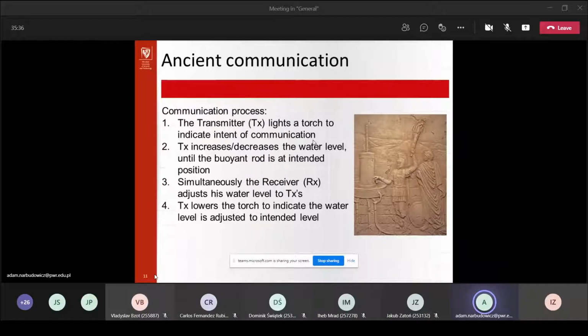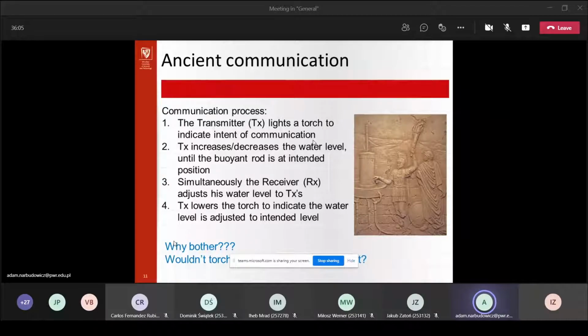So as you can see, apart from the hugely inefficient water tank, they would also use a torch. And again, why did they bother with that? I mean, why was this actually needed, right? And again, thinking about this with modern knowledge of telecommunication systems, there are a few things that should be quite obvious, right?